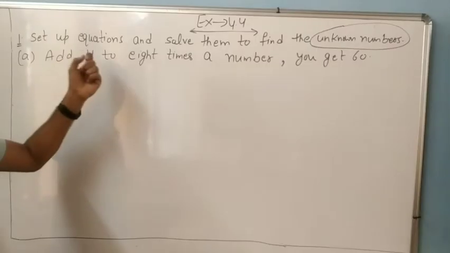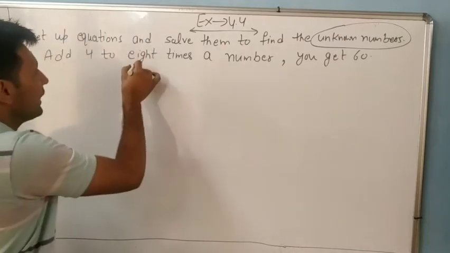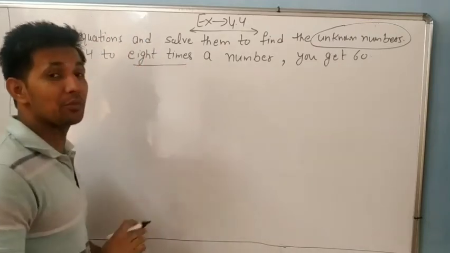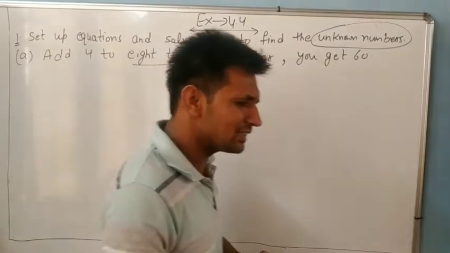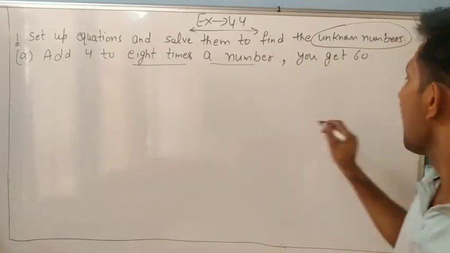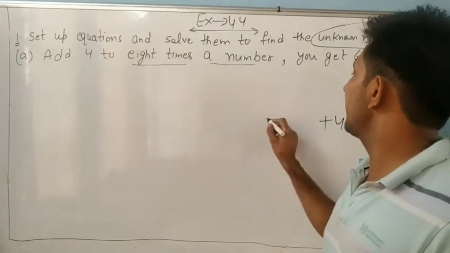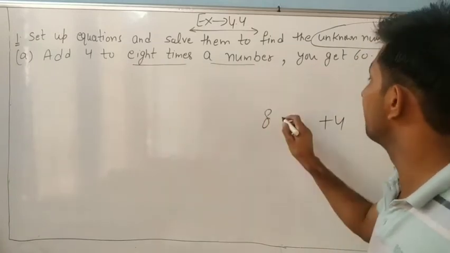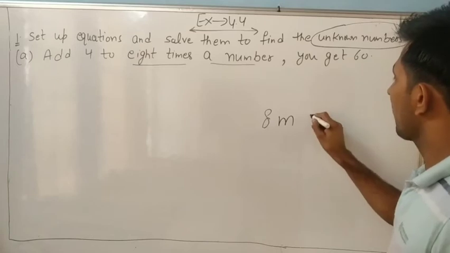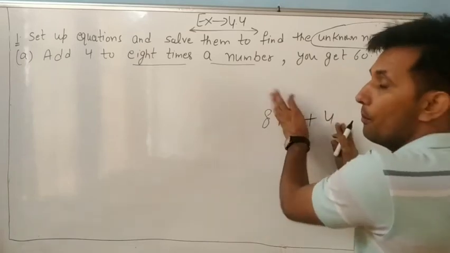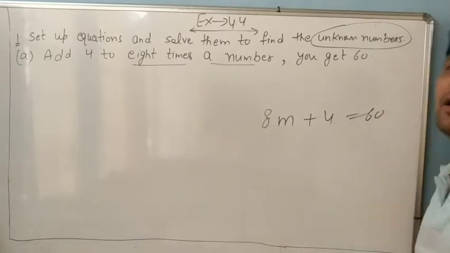Then, add 4 to 8 times a number, you get 60. It's very simple. If I say add 4 to 8 times of n, you get 60, it is your answer.